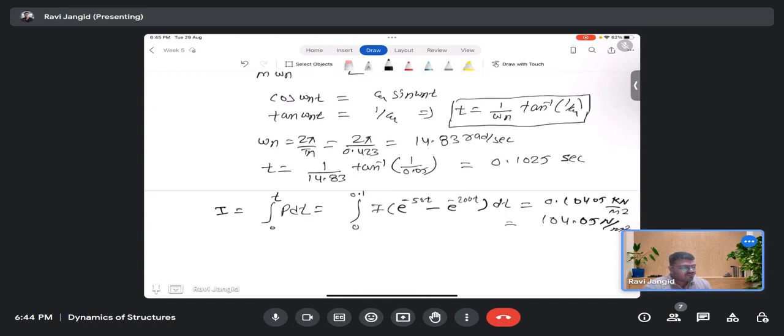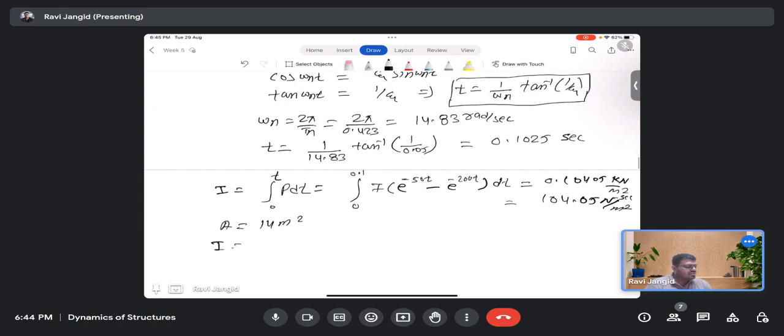It is applied over an area of 14 meter square, so my total impulse is 104.05 times 14, which gives me 1456.8 newton.